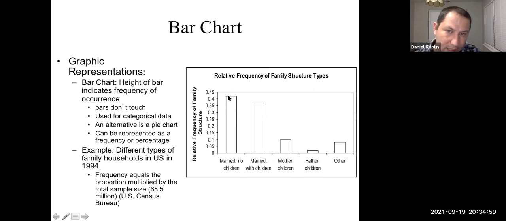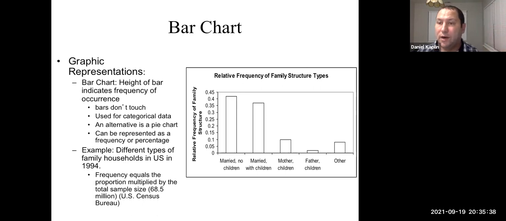So roughly 42% of the population is married without children, of this particular data set, right? Then we had about 36% married with children. And then the single parents are much more infrequent, but they still occur.